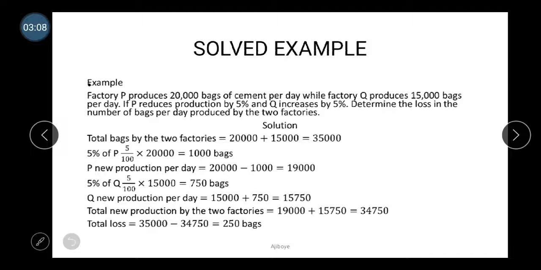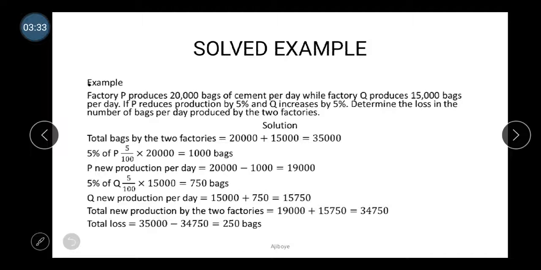So the total number of bags produced per day by these two factories will be 20,000 plus 15,000, which equals 35,000.